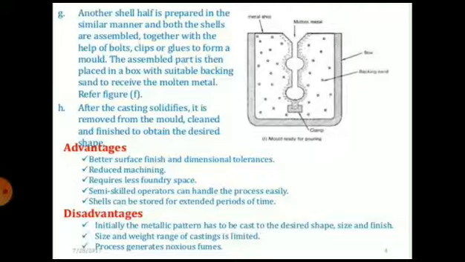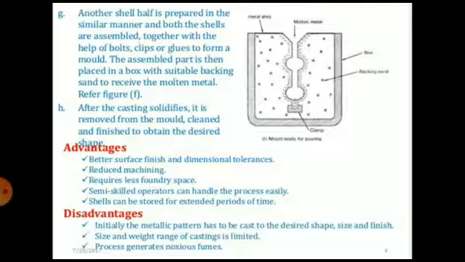Step number 6, you can see the diagram. Shells join together to form a mold. Another shell half is prepared in a similar manner, and both the shells are assembled together with the help of bolts, clips, or glues to form a mold. The assembled part is then placed in a box with suitable backing sand to receive the molten metal.